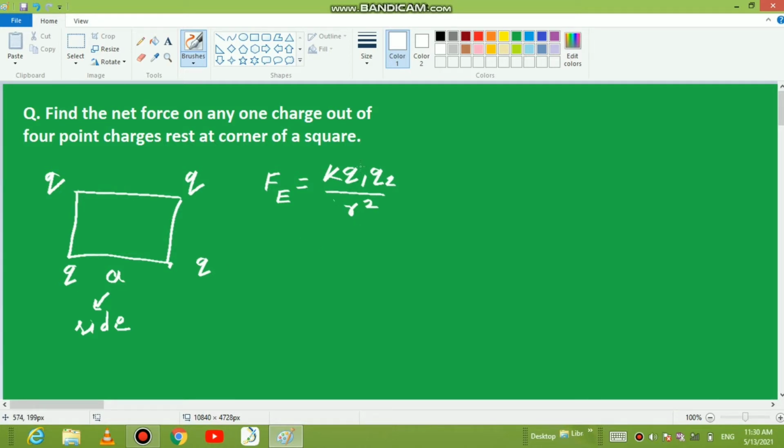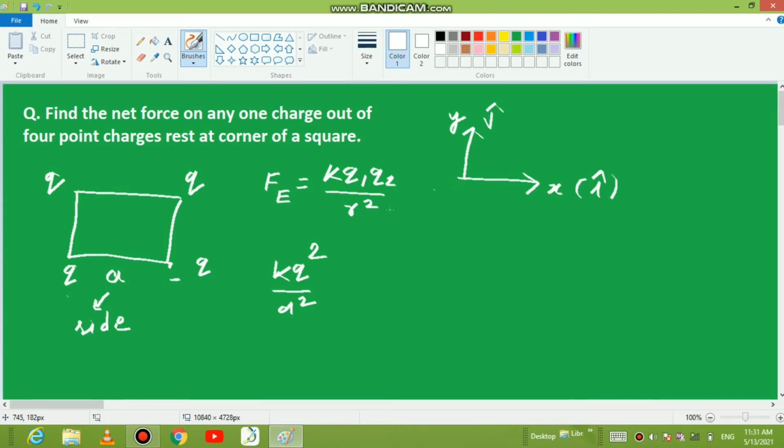Now friends, according to this formula, the force between these two charges is given by K Q square upon A square, because the distance between them is A. Now let this direction be the x-axis, or we can use unit vector I cap, and the upward direction along the y-axis, or we can use j cap.